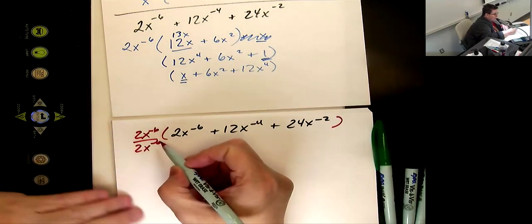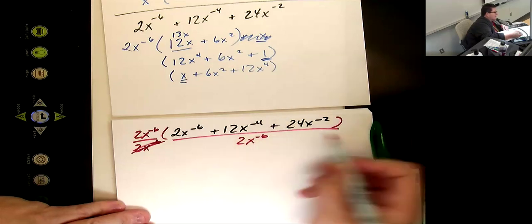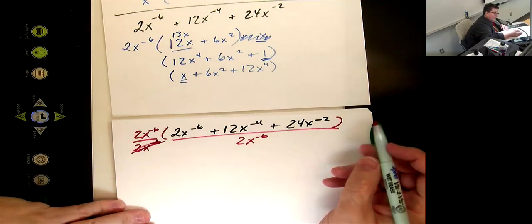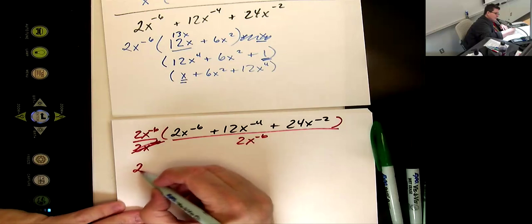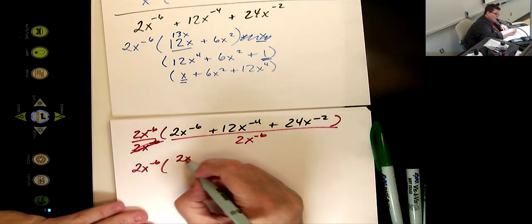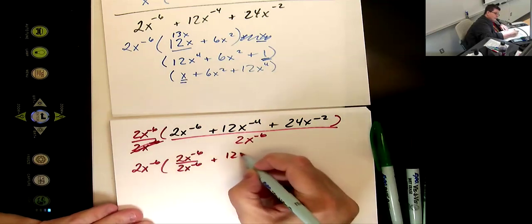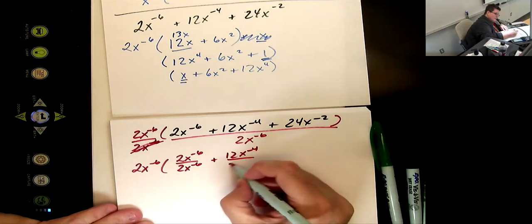This is 1, but then we take this and move it inside. So that's why we are able to do what we do. We have the 2x minus 6 here. I'm going to put them over each other separately, because the coefficients change things up a little bit.